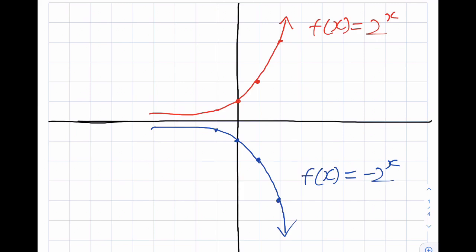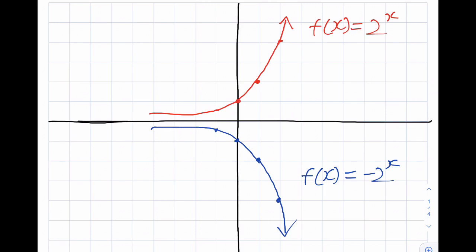So here we have two functions, f of x equals 2 to the power of x and f of x equals negative 2 to the power of x. And if we see here, guys, the red function, if reflected in the x-axis, will create the blue function.